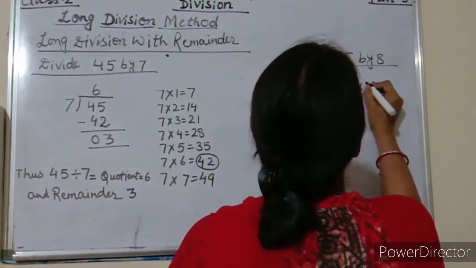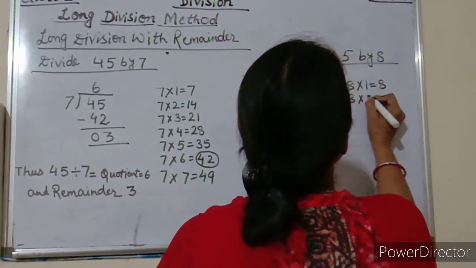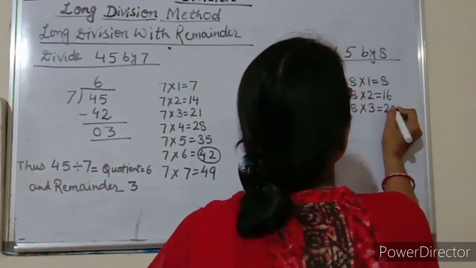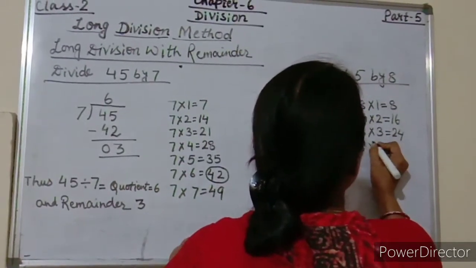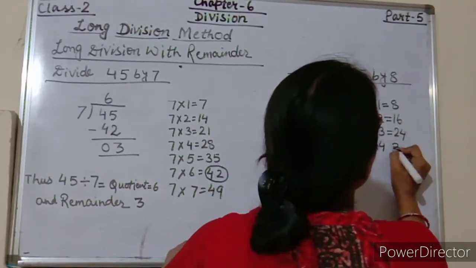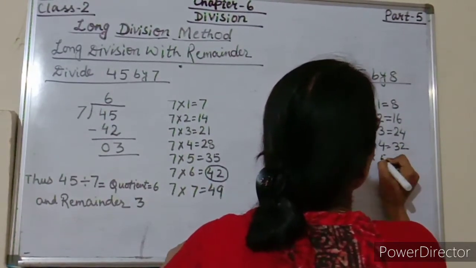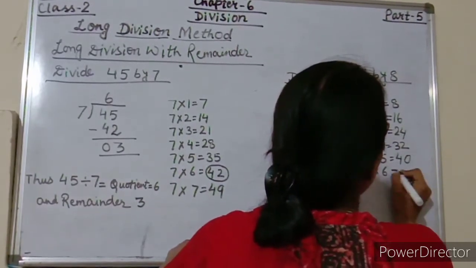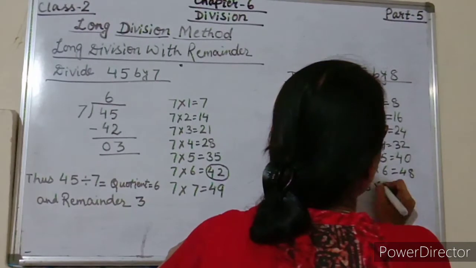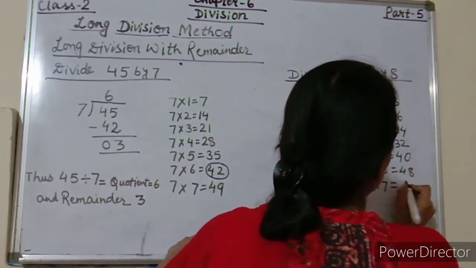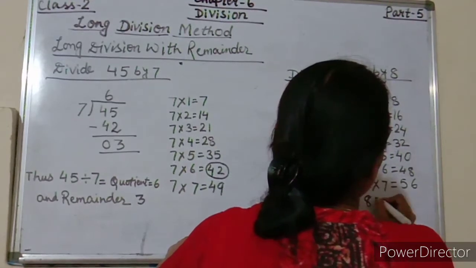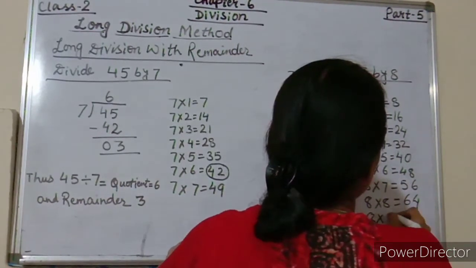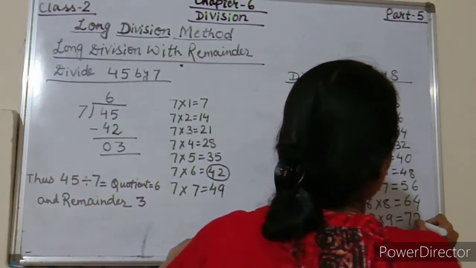So 8 ones are 8, 8 twos are 16, 8 threes are 24, 8 fours are 32, 8 fives are 40, 8 sixes are 48, 8 sevens are 56, 8 eights are 64, 8 nines are 72.